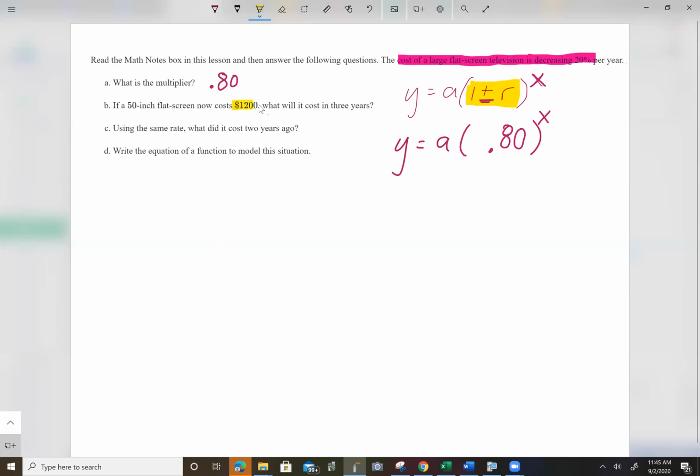This 1200 is our starting value. We're going to put that in for A. So let's define some of our variables. Y is going to be the number of dollars, and A is our starting value.